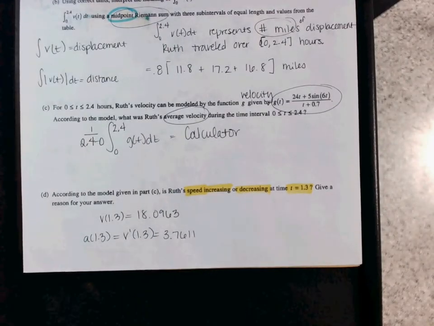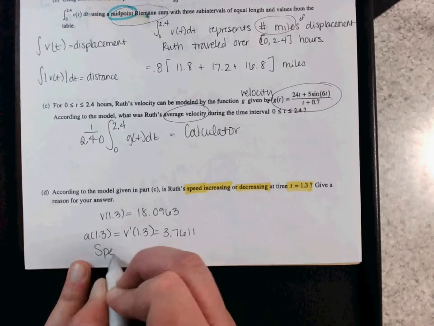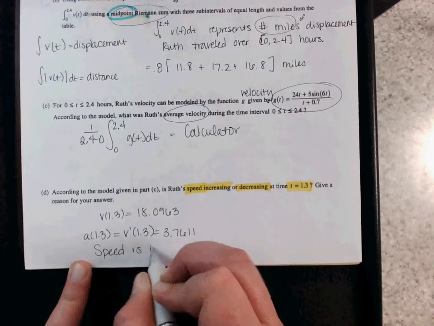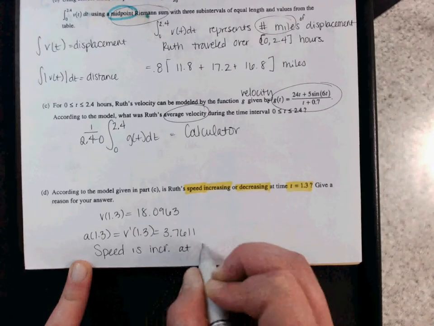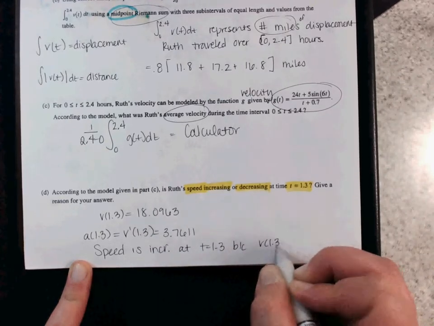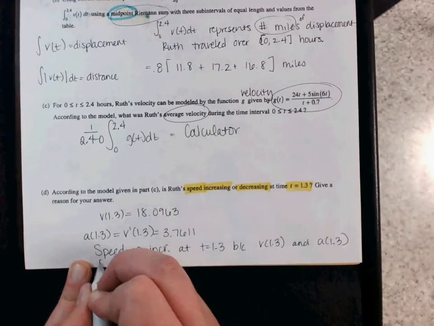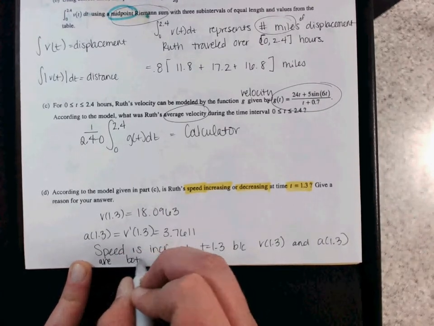And so based on those two values coming out to be positive, we can conclude her speed's doing what? Good. So speed is increasing at t equals 1.3 because v of 1.3 and a of 1.3 are both positive.